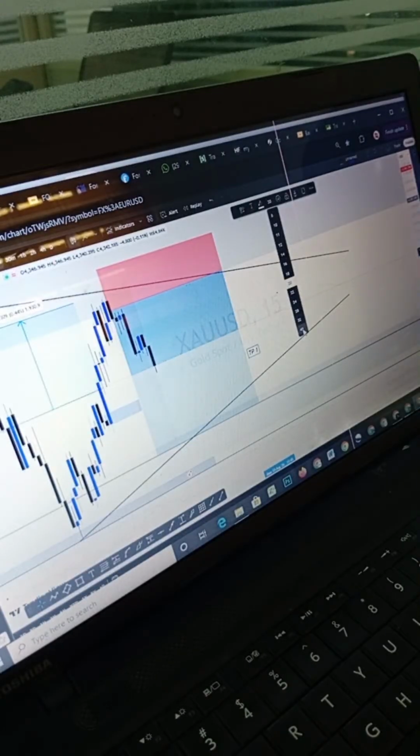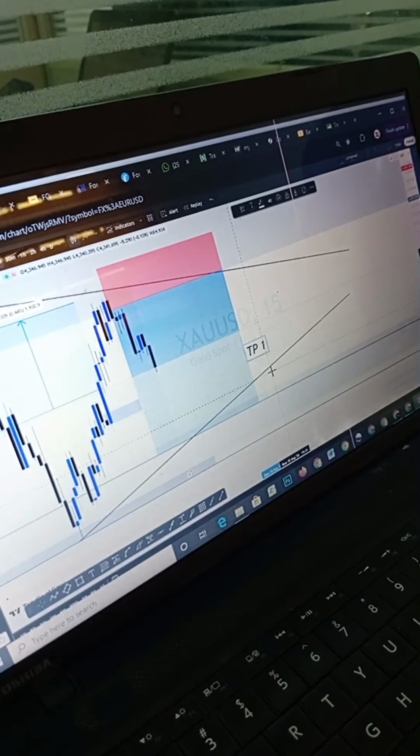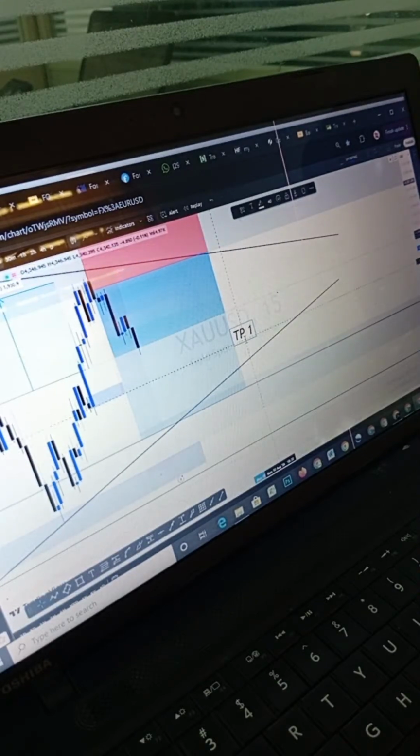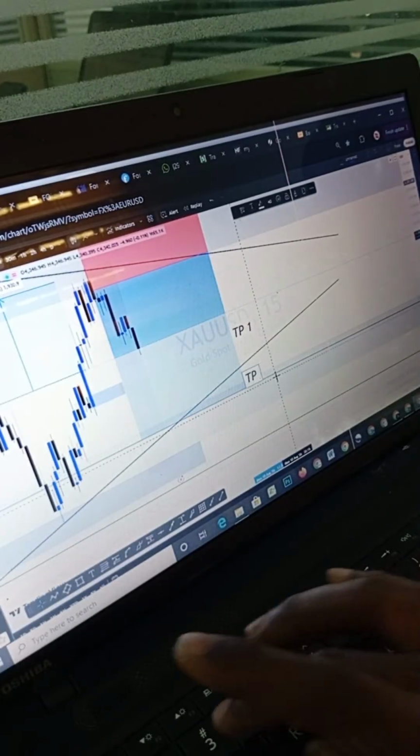We're just going to be increasing this to make sure it is crystal and visibly clear. So we're taking this region to be TP1, and then we're having a TP2 in this zone.